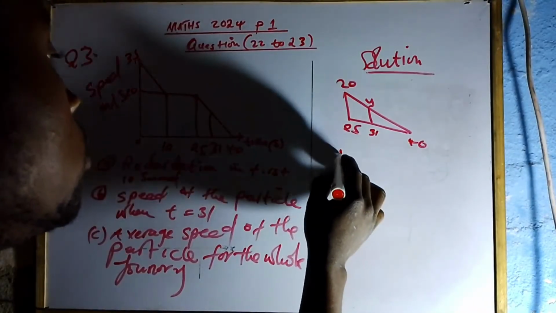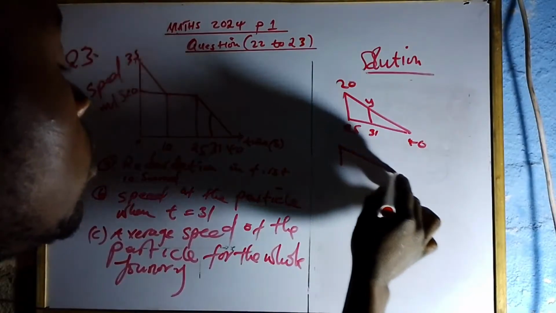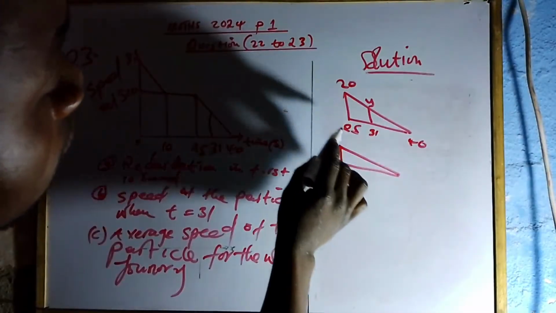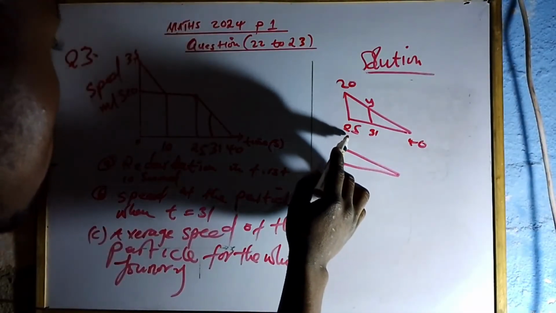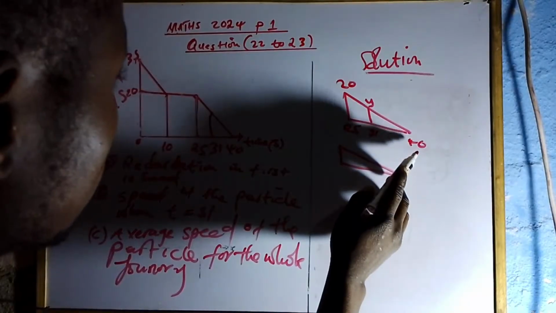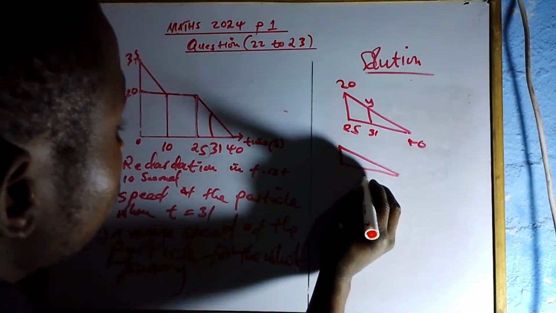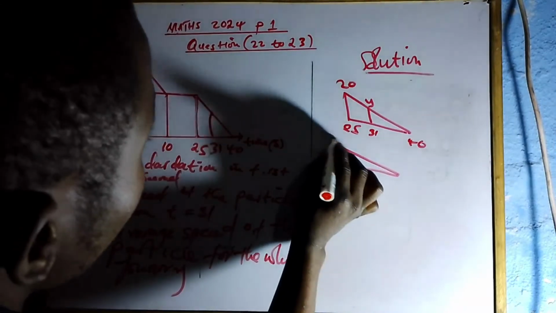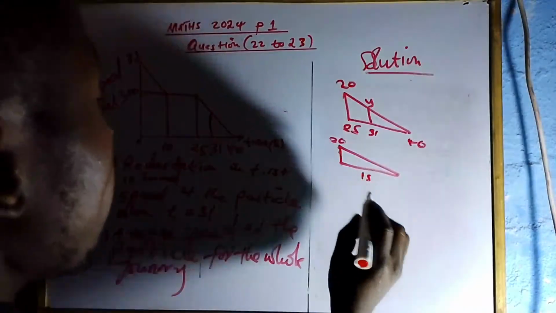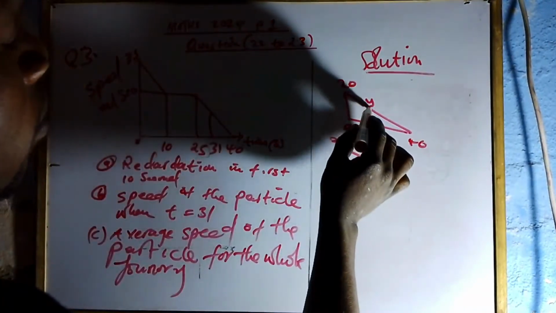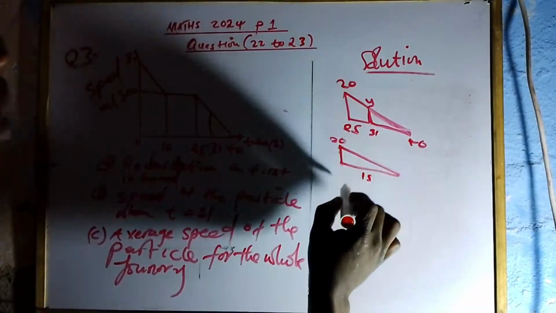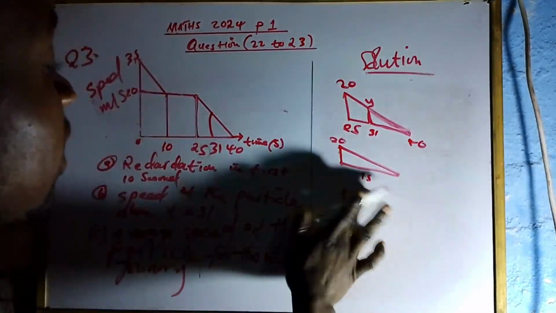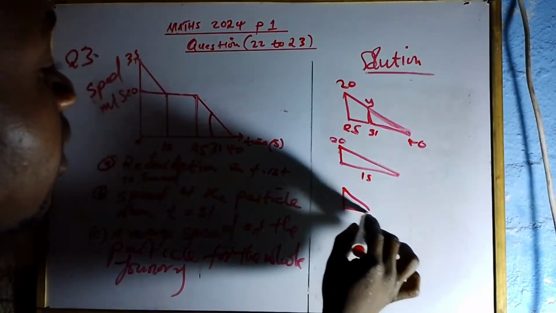This one, the big one, when you subtract 40 minus 25, you're going to have 15, here 20. And the smallest one from here to here, you're going to have like this. Don't mind my drawing.